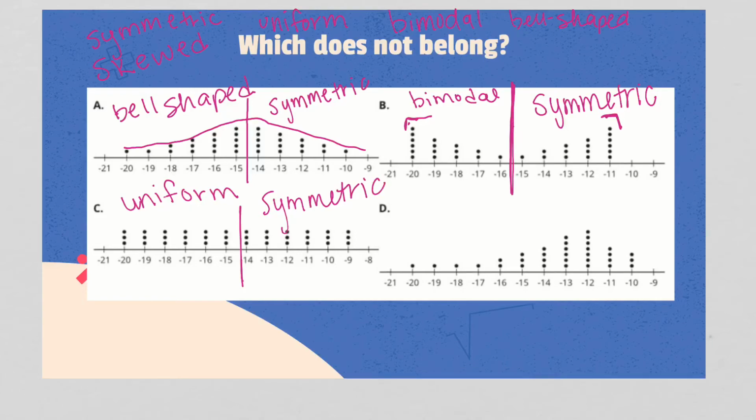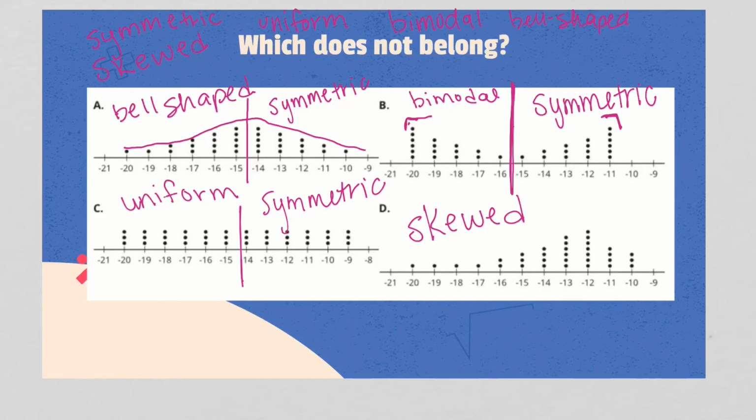And our last one, D, is going to be skewed. So for a skewed data, that means that the mean is not usually equal to the median, and one side of the distribution has more values farther from the bulk of the data than the other side.